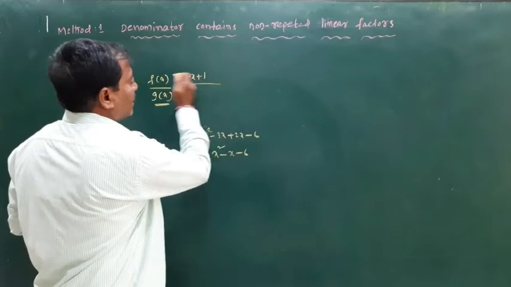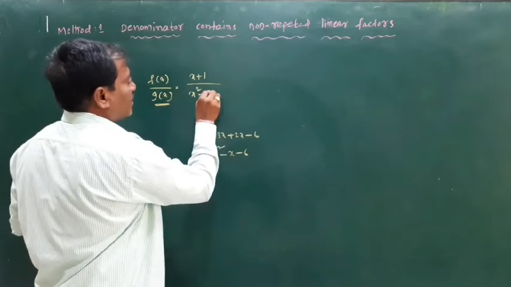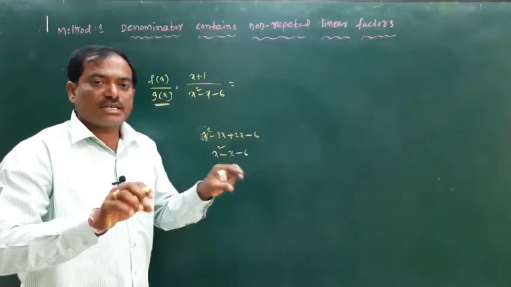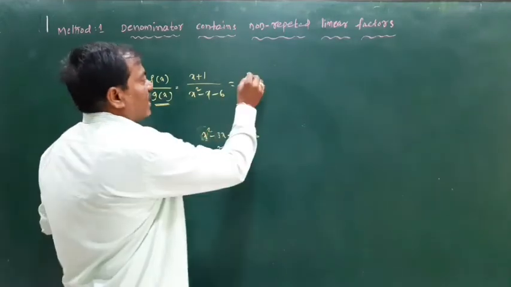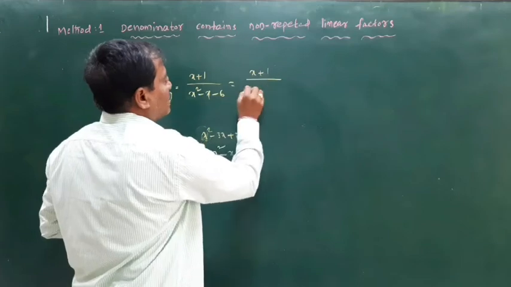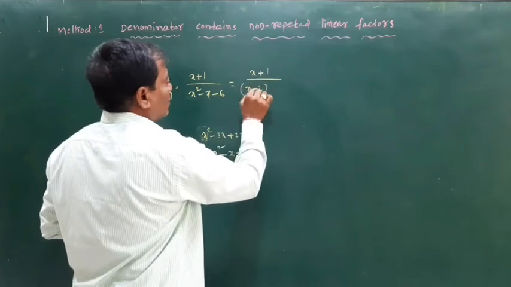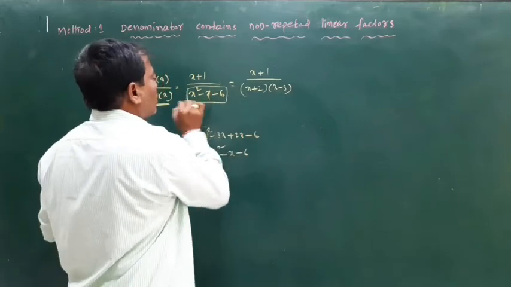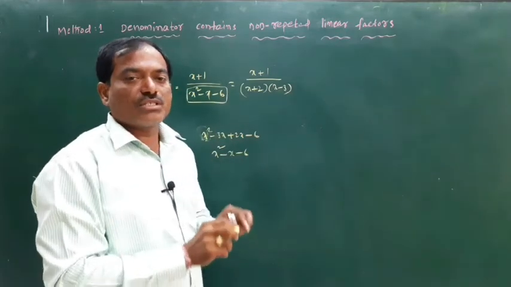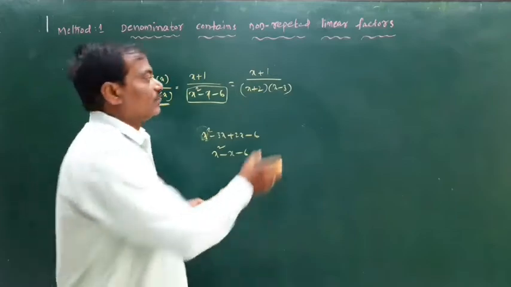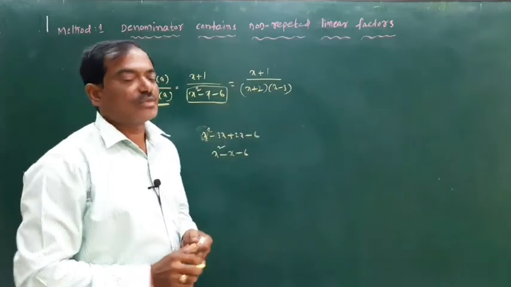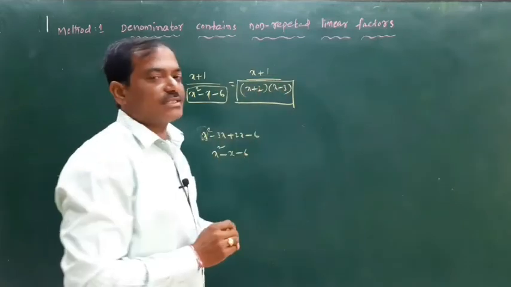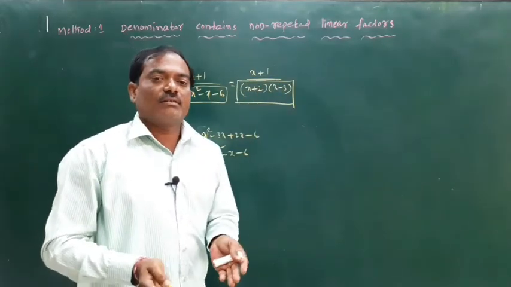This denominator is decomposed into linear factors. If this kind of polynomial is given, first we decompose the denominator into linear factors. We get two linear factors here. Based on the characteristics of g of x, we divide the methods.